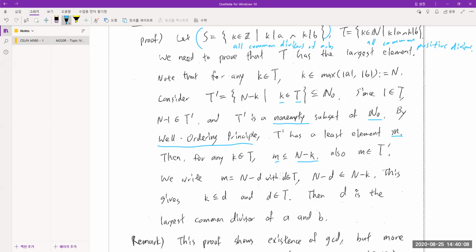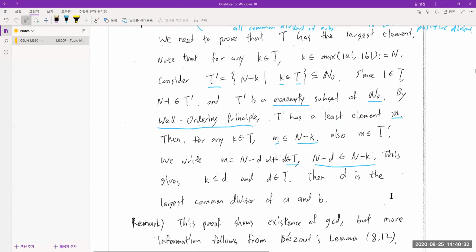We write down m equals N minus d with d in T. By definition of T prime, it is possible to do so. So m equals N minus d with d in T, and also N minus d is less than or equal to N minus k. And why is this true? It is just rewriting m less than or equal to N minus k with m being N minus d.